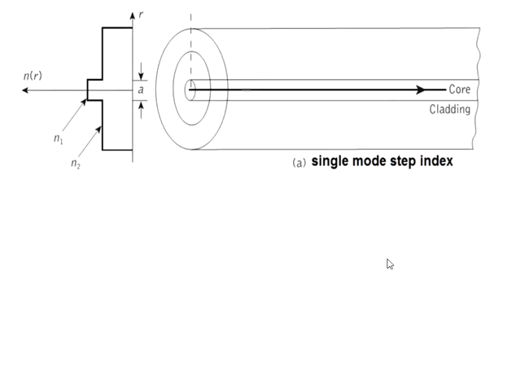If we look at the three different types, the first type was the single mode step index fiber. The profile is given here. The y-axis now indicates the radial distance, and the x-axis indicates the refractive index as a function of radial distance.